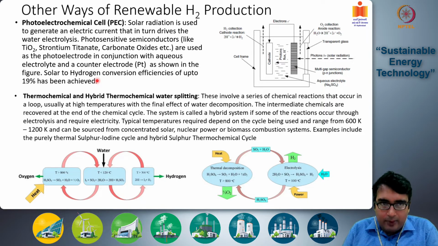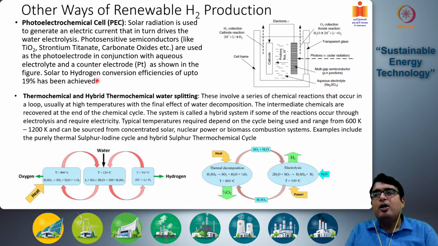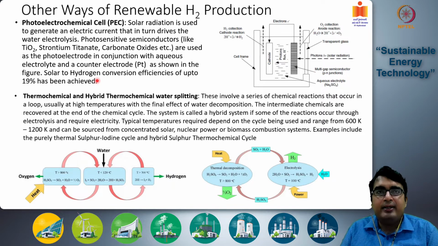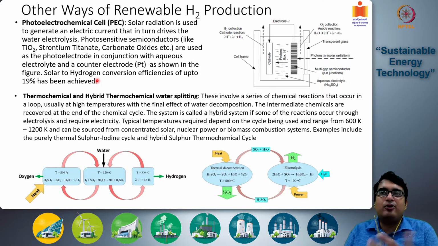Around 19% is not very bad if you consider that usual efficiencies of a PV cell that generates electricity from solar is around 21% at most. But these are still not commercial grade systems. We have prototypes that have been developed, but this is not yet at a technologically mature state.